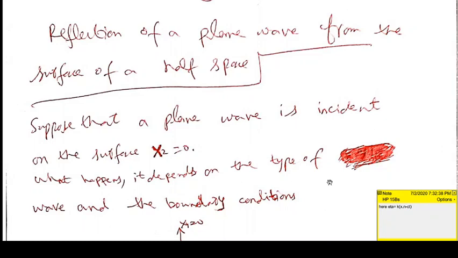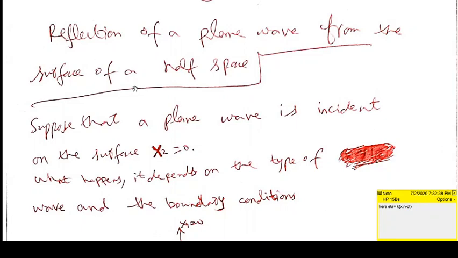Now let us consider reflection of a plane wave from the surface of a half space. In this we will consider that the incident wave is SH and the reflected wave is also SH.